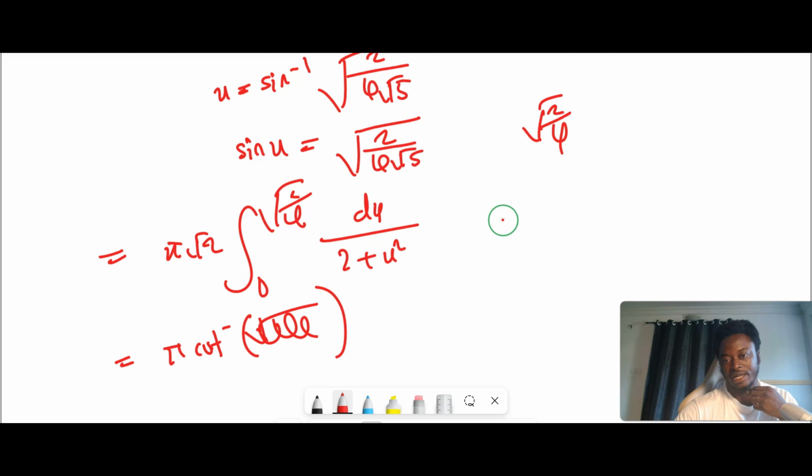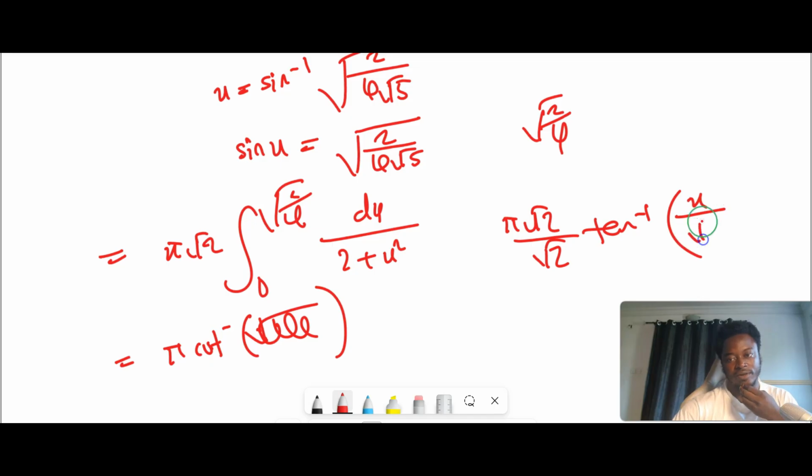Everything here is pi over square root of 2 divided by square root of 2 times the tan inverse of u over square root of 2, where the integral is run from 0 to square root of 2 over phi.